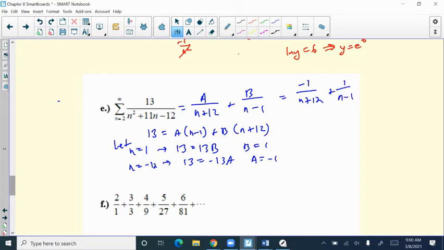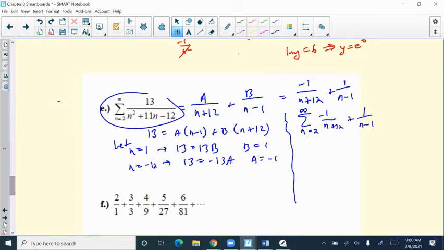So now, for my summation, what I can analyze is the sum of these two individual series, or partial fractions, sorry. So if we take the summation from n equals 2, good thing we're starting at 2, right, to infinity of negative 1 over n plus 12 plus 1 over n minus 1.